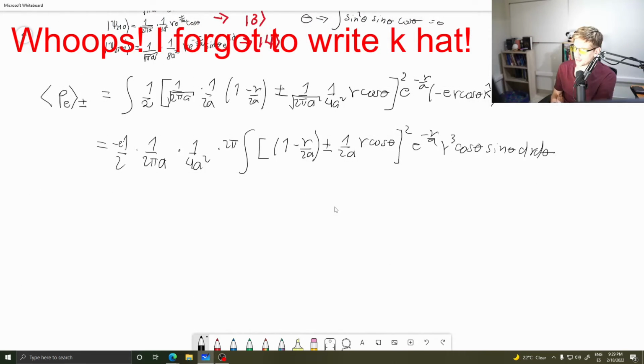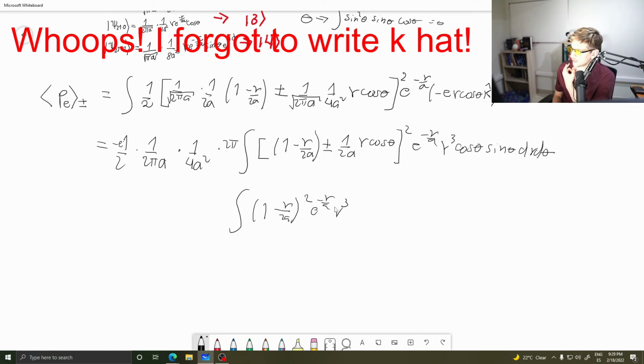So that integral from just this term squared would be 1 minus r over 2a squared, and then everything else, right? So we get e to the minus r over a, r cubed. Is cubed correct or did I miss an r? No, I think it's fine.